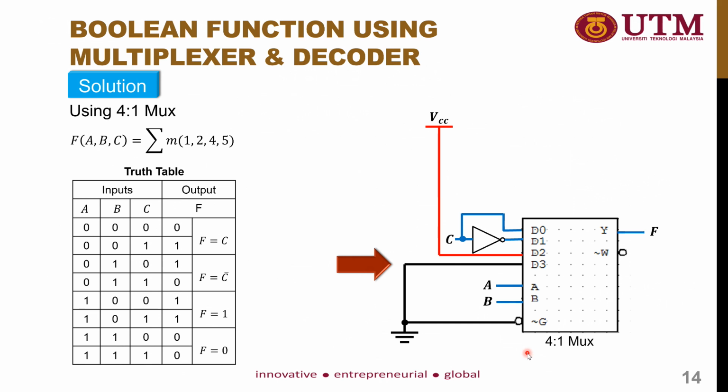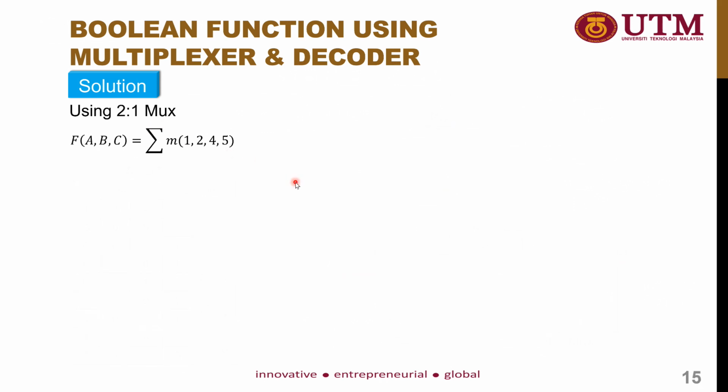Okay, the next example will show how to interpret this expression into a 2 to 1 multiplexer. In this example, you will see how we can create a 2 to 1 multiplexer circuit by using the same expression that we have derived before.